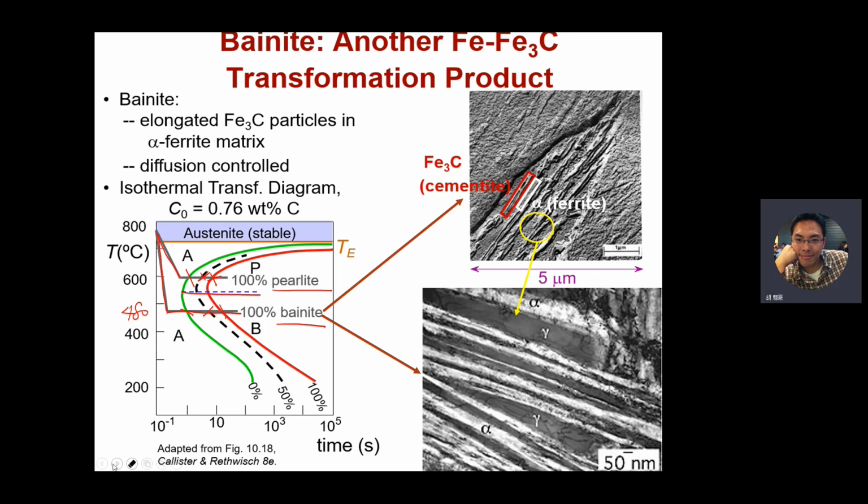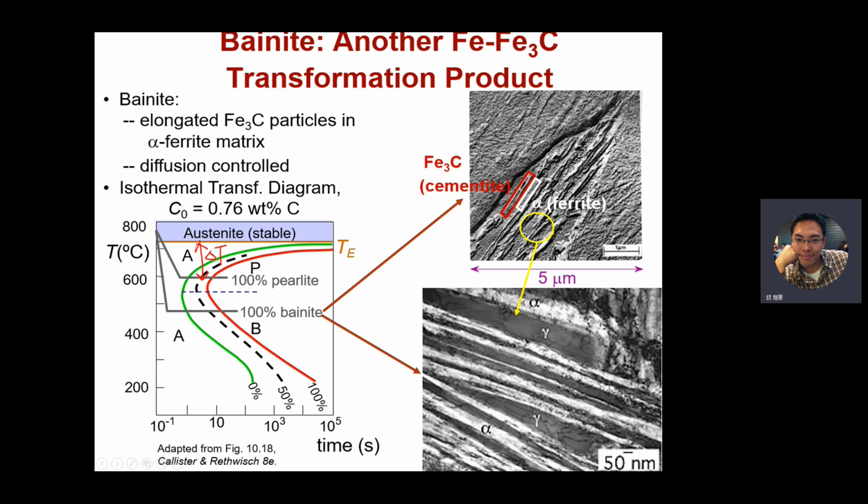So if we need a bainite structure, that means we need a higher delta T, right? For example, we want to form the cementite, and this is the delta T right here for forming the pearlite structure.